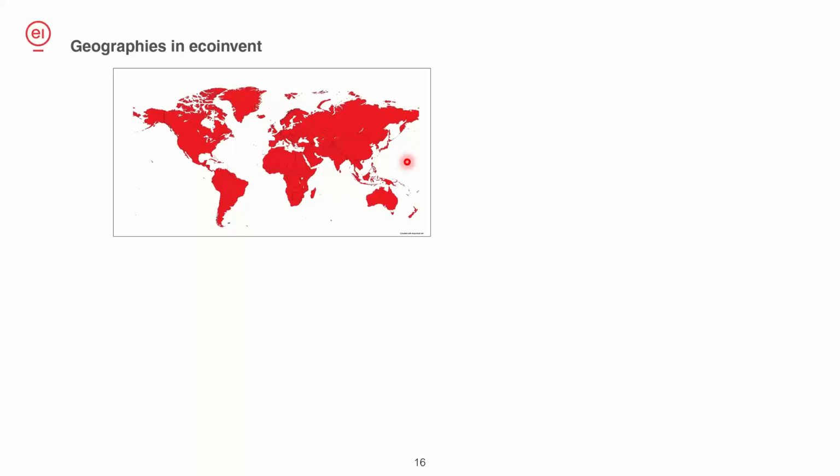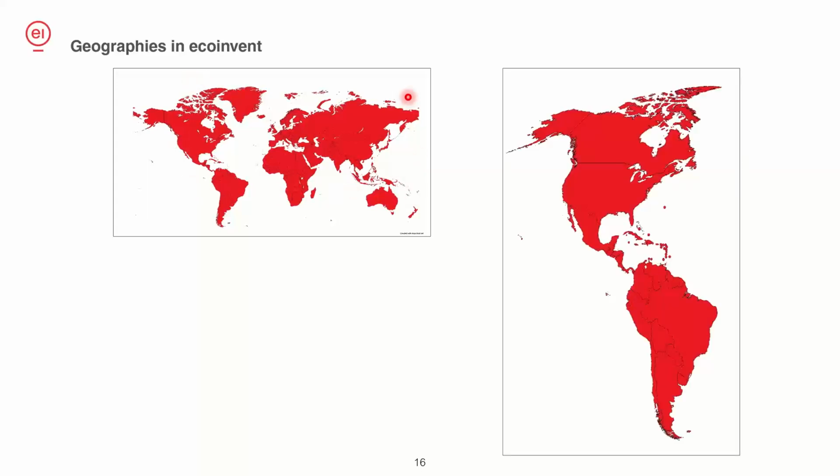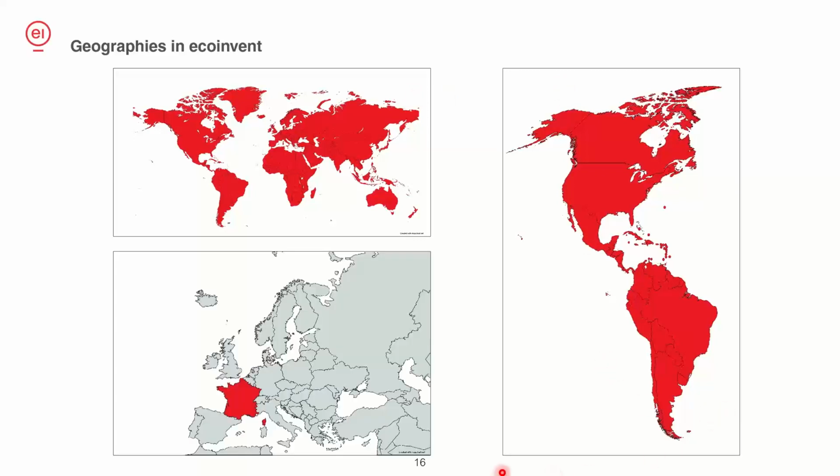Now that we saw this general framework about activities, let's look at the geographies, which is one of the main characteristics of every activity. In the ecoinvent database, we have geographies at different levels. We can have activities that refer to the global geography, activities referring to a continental geography, or to a country.